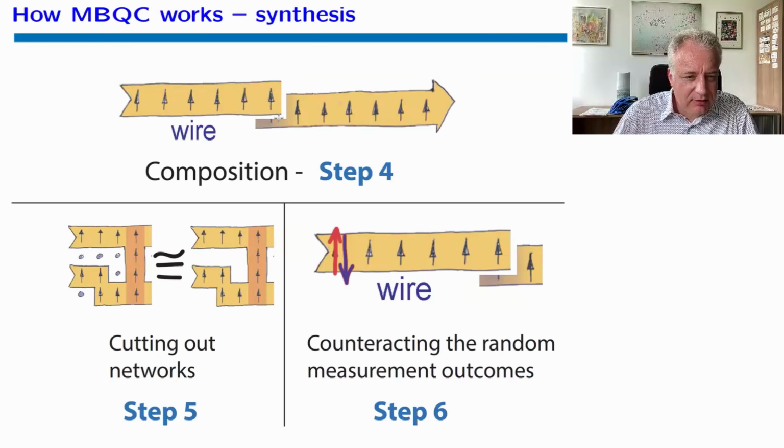That's something we need to show. And then we need to show that these extra qubits don't have an effect. And we need to talk about the random measurement outcomes, how to counteract that randomness. Okay, so these are the 6 parts in the universality proof. So let's go through them.